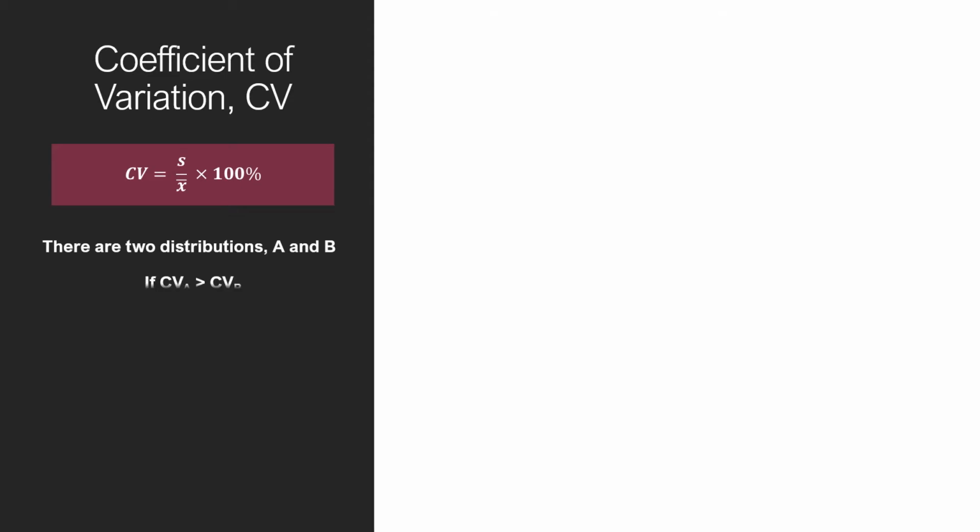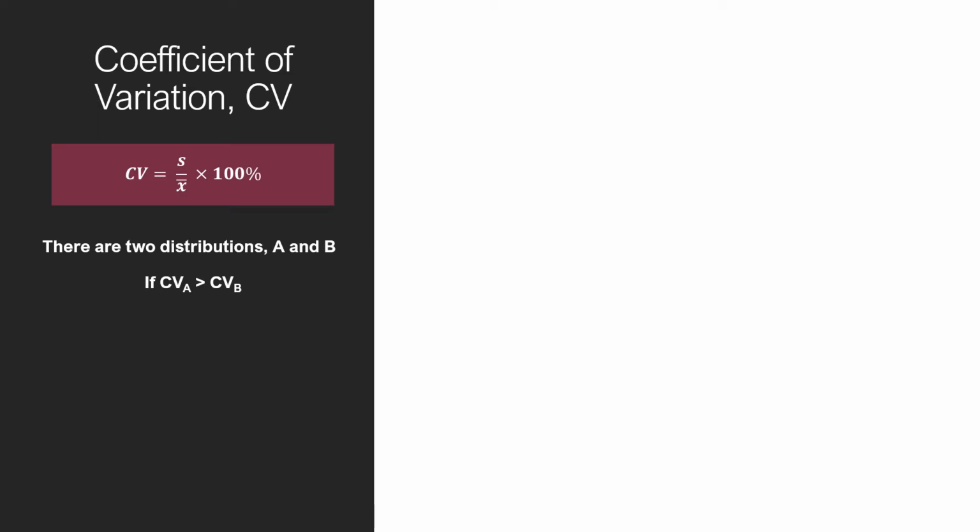Now we look at the formula of the coefficient of variation, CV. CV is equal to the standard deviation divided by the mean. If we have two or more different sets of data, we can compare the variability of the data by comparing the respective CV.